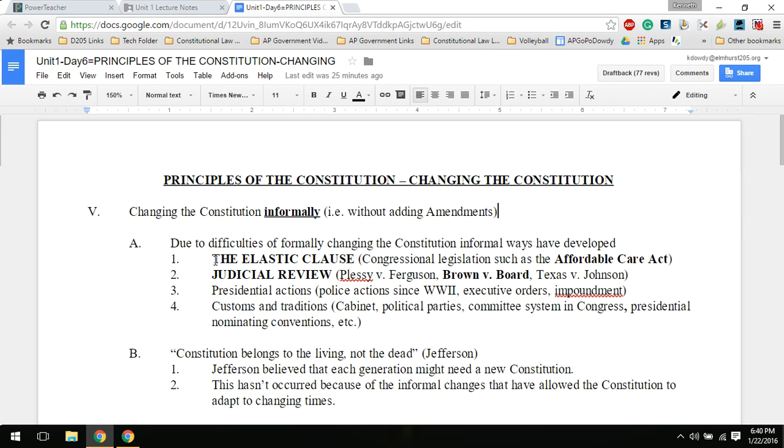So, for example, the Affordable Care Act was a piece of legislation passed by Congress that basically forces citizens to have health insurance. And we could get into a big discussion about the rationale for that.